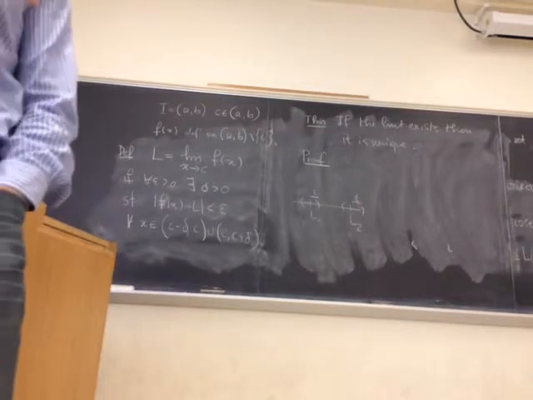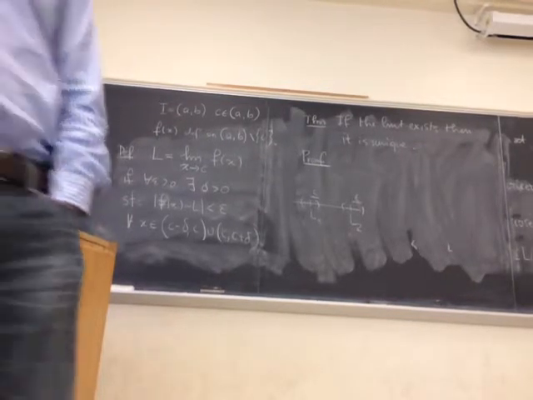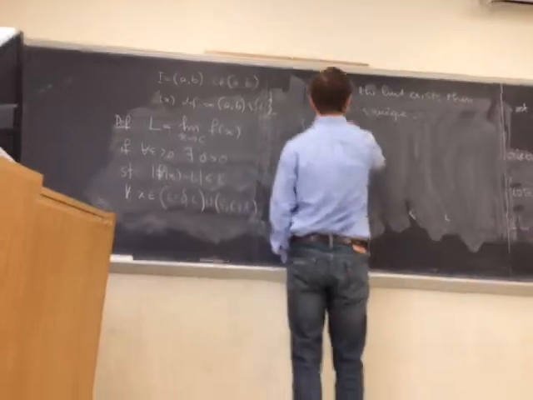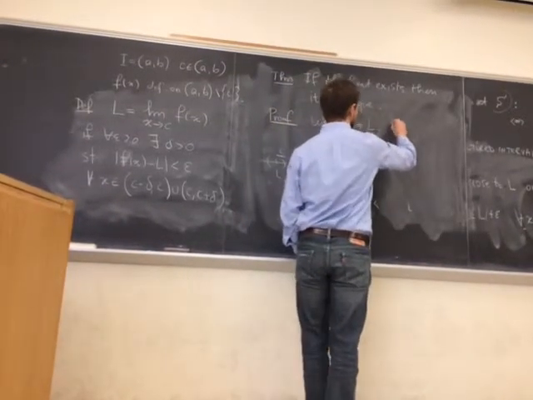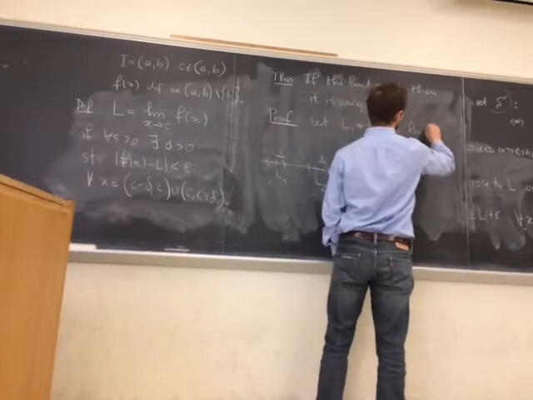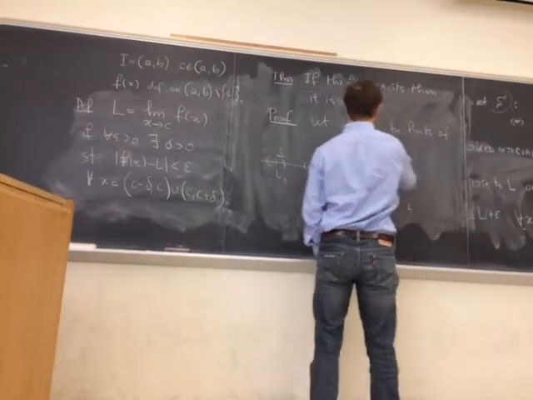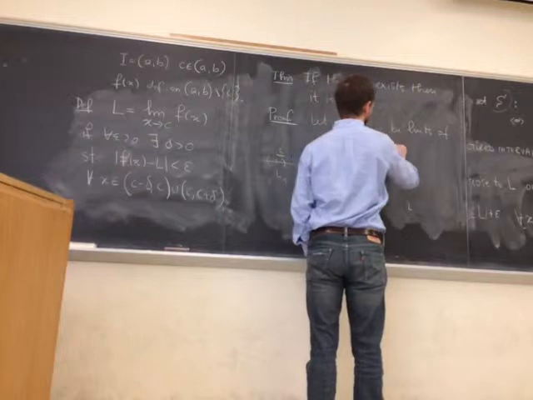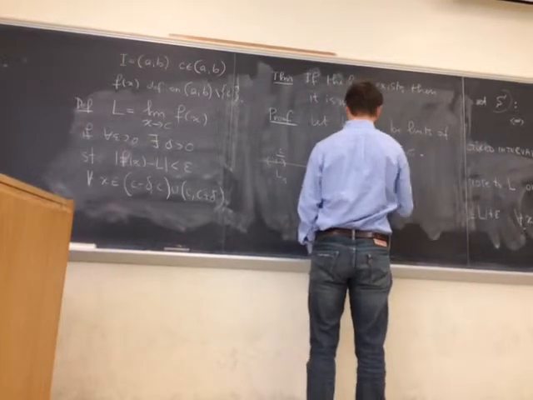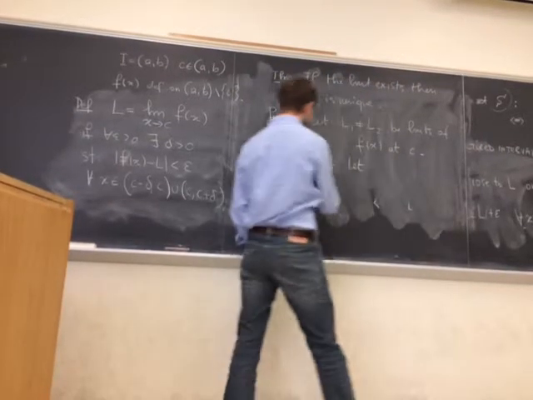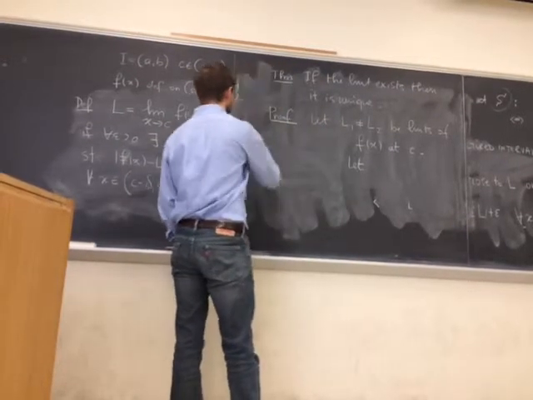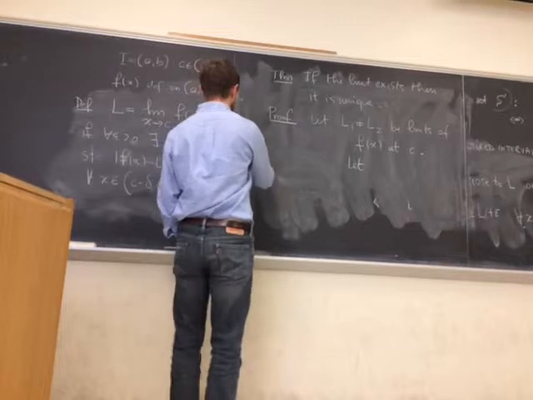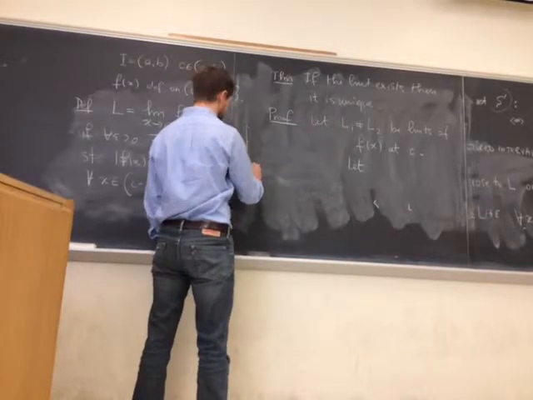And now the proof for functions is exactly the same, right? So we would say, well, let L1 and L2 be two different limits of my function f of x at c. Okay, let me open a window. When I use functions, I like to draw L1 and L2 on a vertical line.